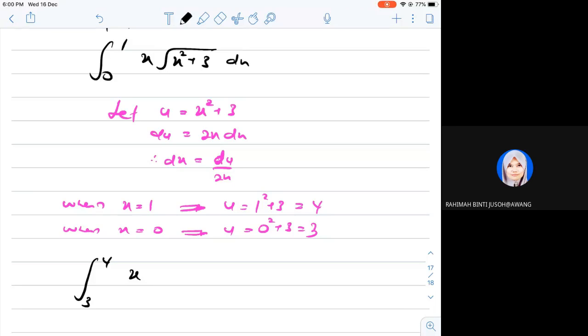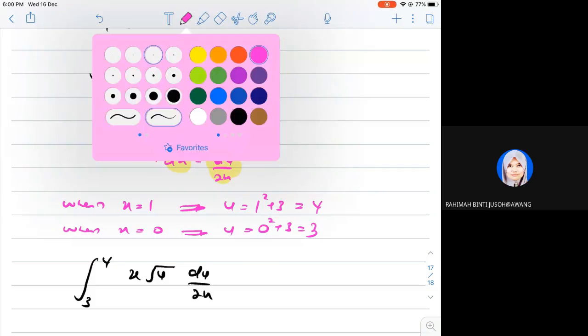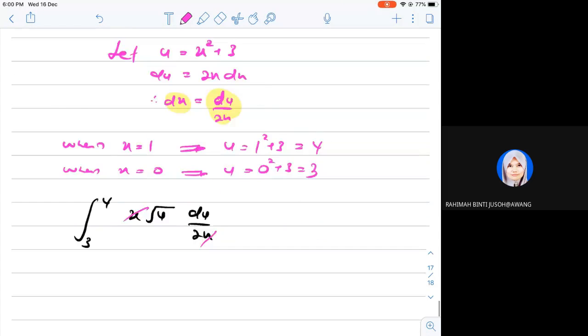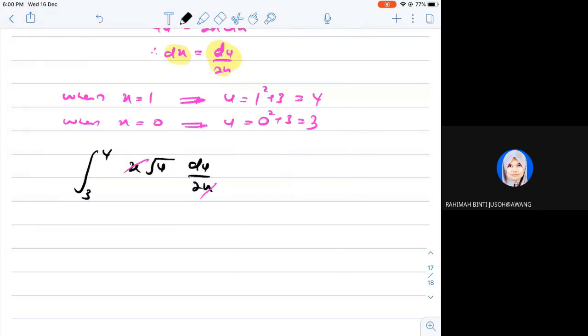x is maintained, square root of u, dx. dx here becomes du over 2x. So of course we can cancel this. We will get 1 over 2, integral from 3 to 4 of u to the power of half du.